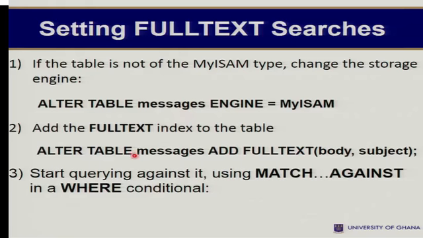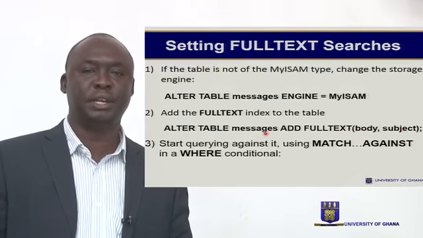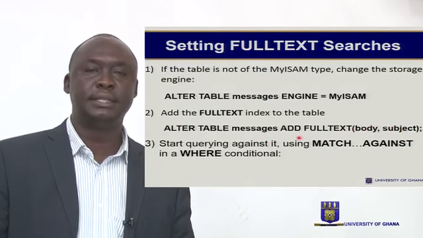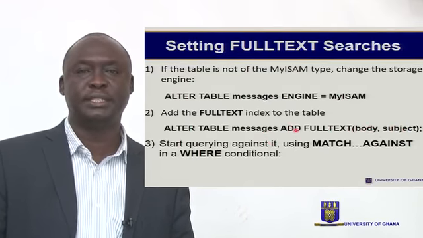So we give ALTER TABLE, we specify the table name, we say ADD FULLTEXT, then we specify the columns we want to apply the full text on. So these are the columns that are supposed to be in the messages table. Then once this is done, the table is ready for full text search.